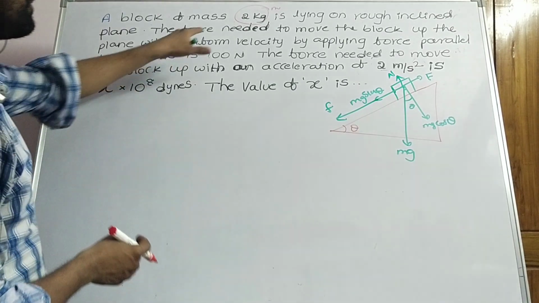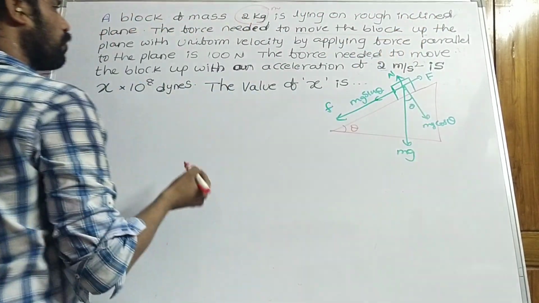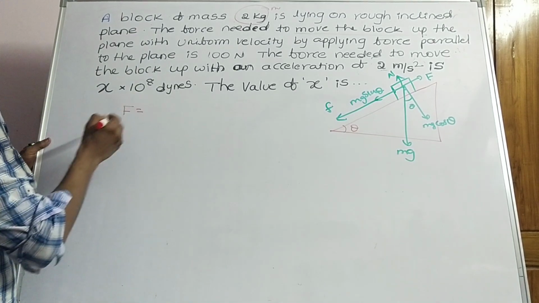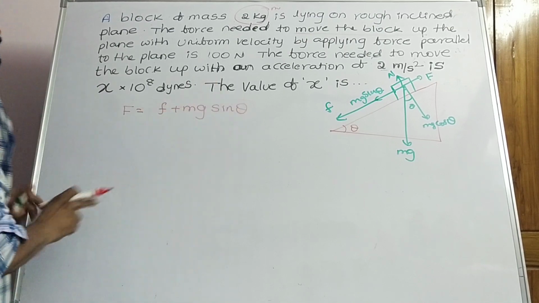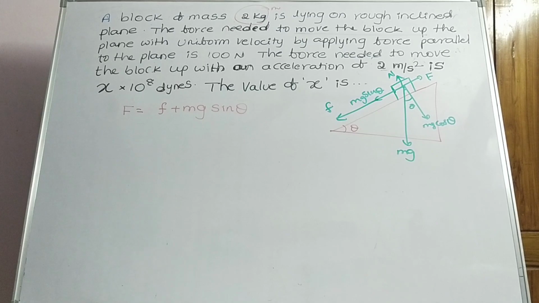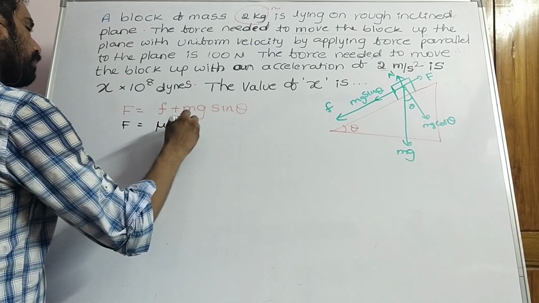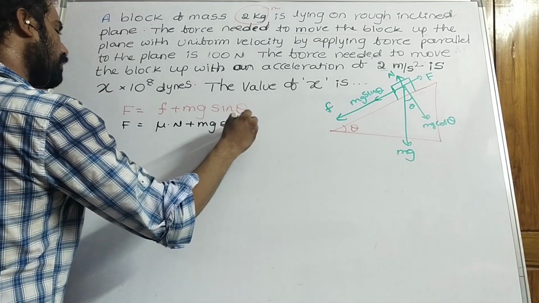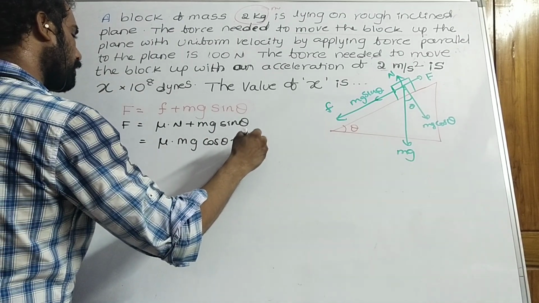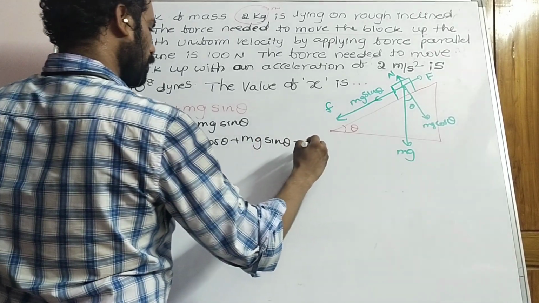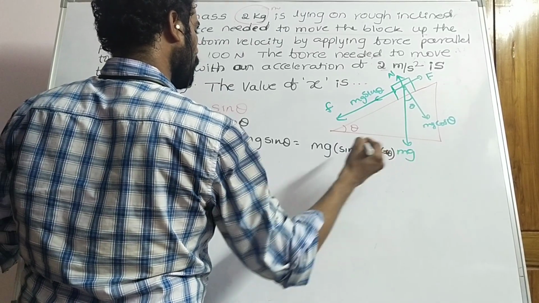So here, given the force needed to move the block up the plane, force F is equal to f plus mg sin theta. That can be written as F is equal to mu into N plus mg sin theta, that is equal to mu into mg cos theta plus mg sin theta, that is equal to mg into sin theta plus mu k cos theta.